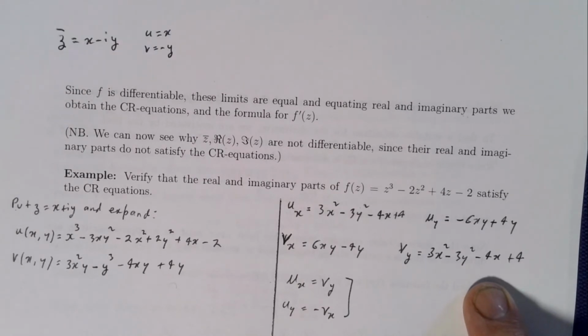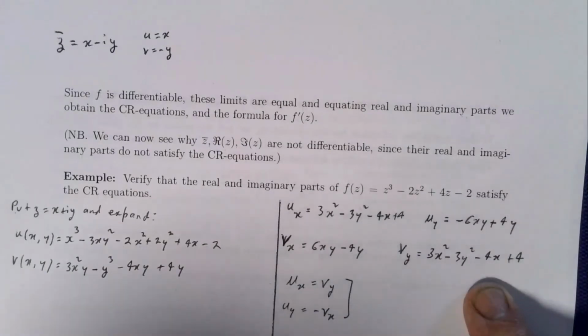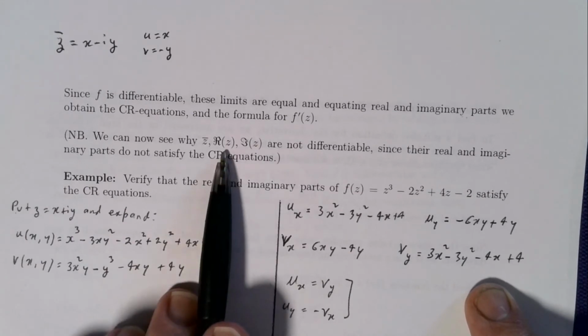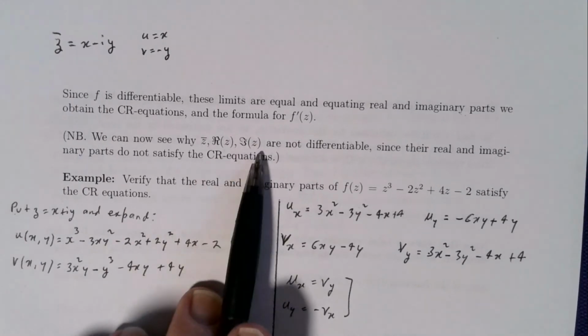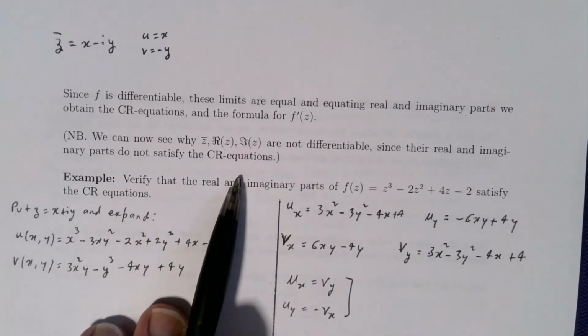And if I do partial du dx, I get 1, and partial dv dy is minus 1, and they're not the same. And so we can see why z bar is not a differentiable function, and you can similarly see why the real part and the imaginary parts are not differentiable, because their real and imaginary parts do not satisfy Cauchy-Riemann equations.